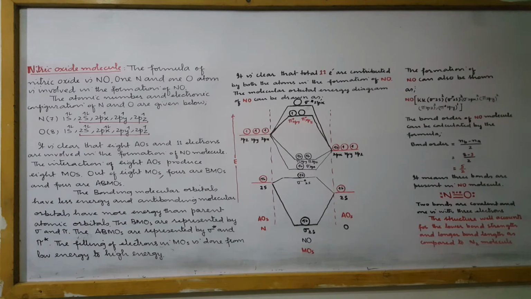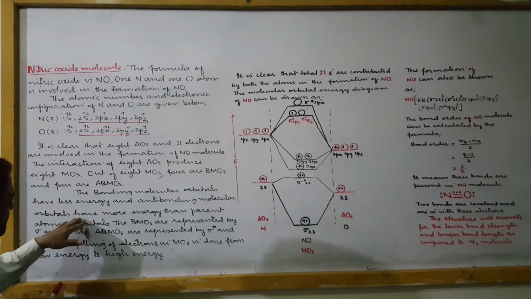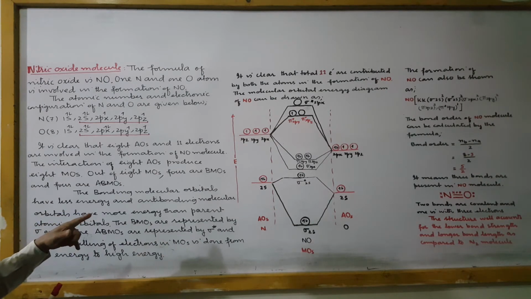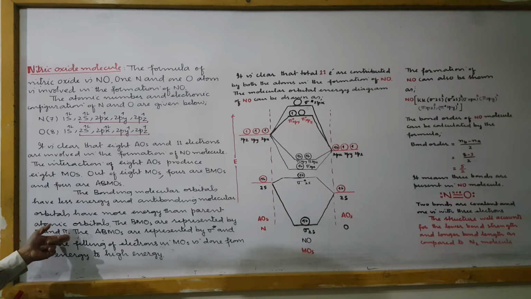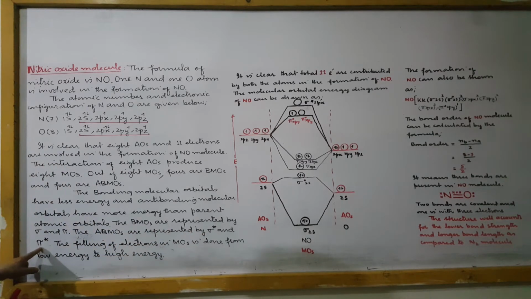The bonding molecular orbitals have less energy as compared to anti-bonding molecular orbitals, which have more energy. The bonding molecular orbitals are represented by sigma and pi, and the anti-bonding by sigma star and pi star.